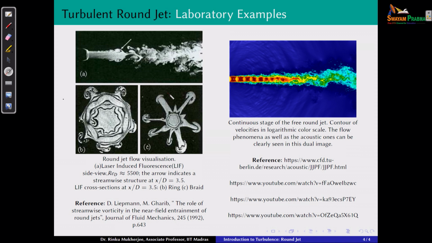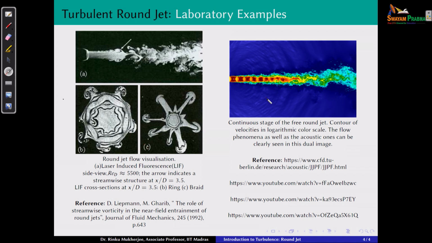Experiments were done in a laboratory, and what you see on the right hand side is essentially CFD, computational fluid dynamics, and you must be familiar with something like this. The experiments that you see on the left hand side is for a low speed subsonic flow, while the CFD on the right hand side is for a supersonic flow.